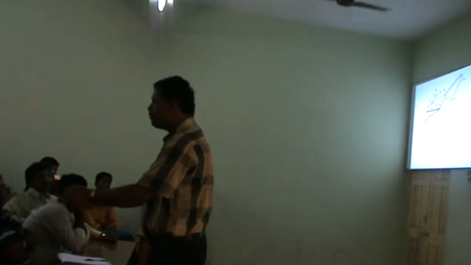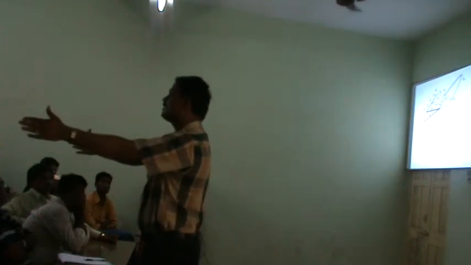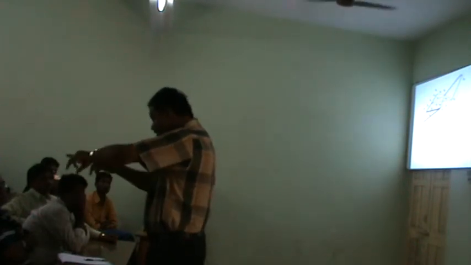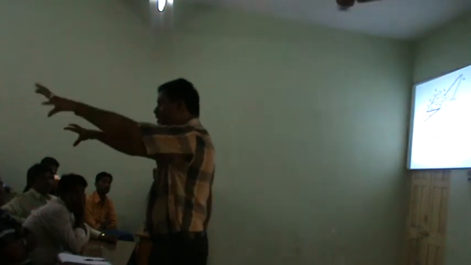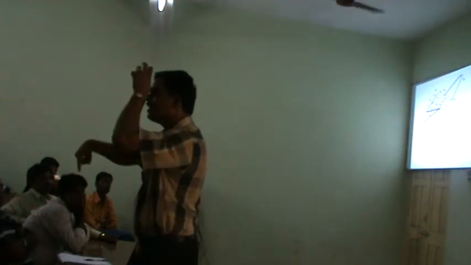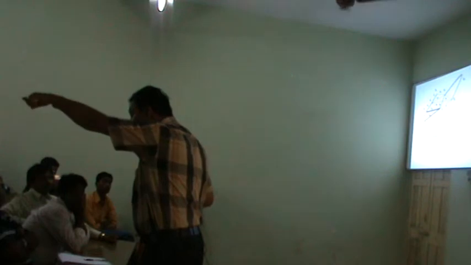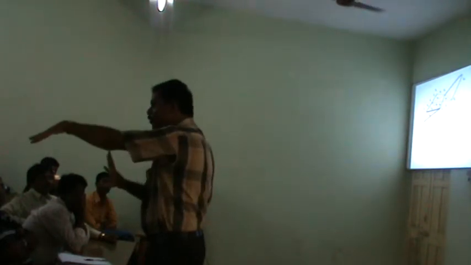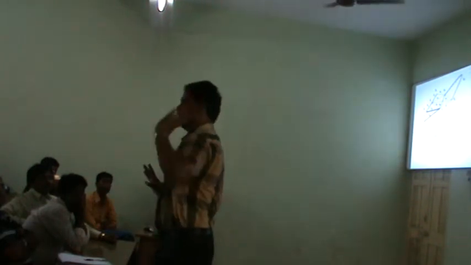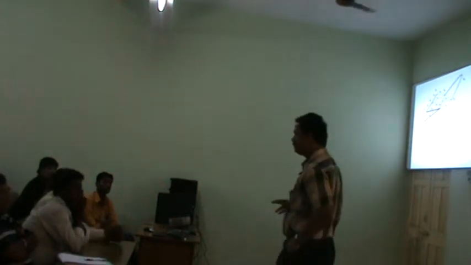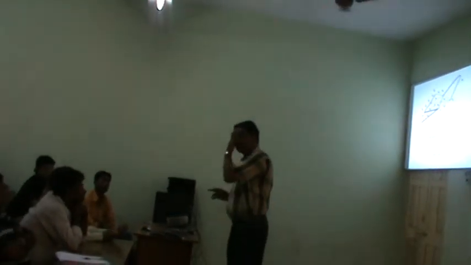Then if I cut off this branch, the spanning tree gets disconnected into two, and the rest of the links between the two groups are called chords. The family of those chords and this branch put together is what is called a cut set. So what do you mean by cut set?